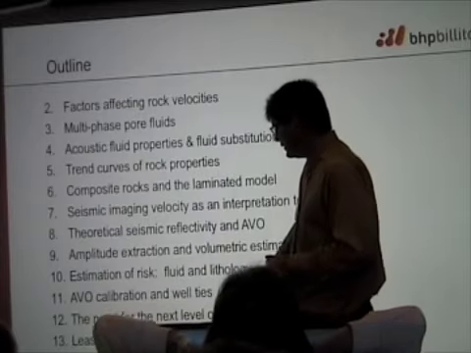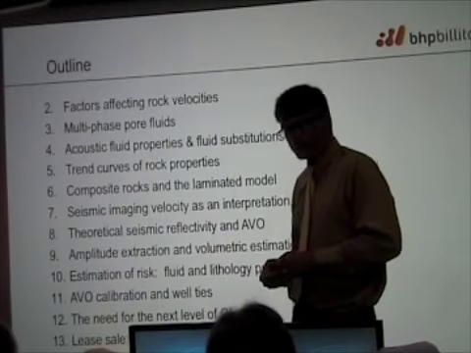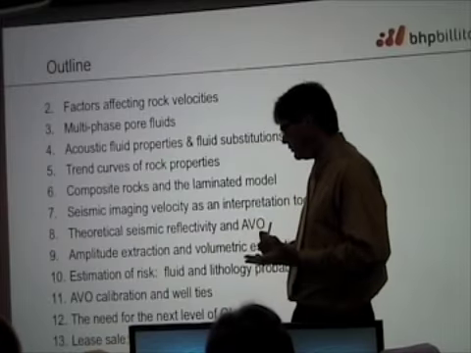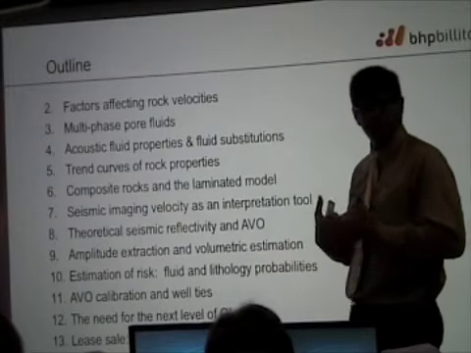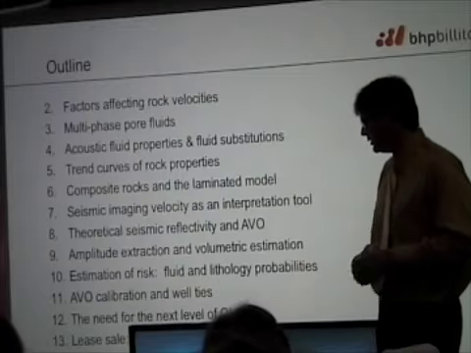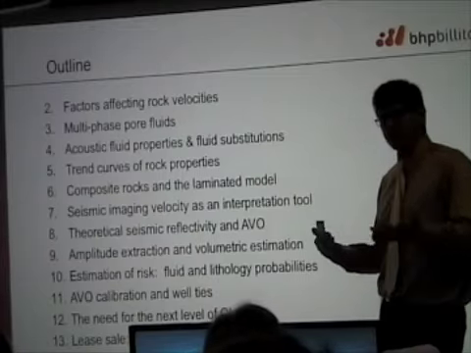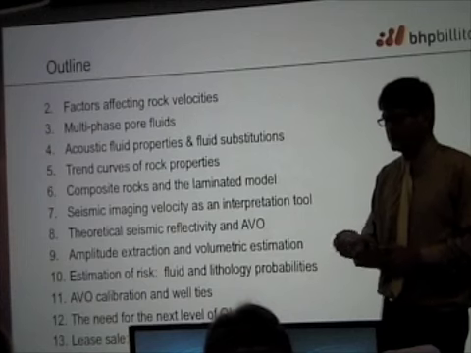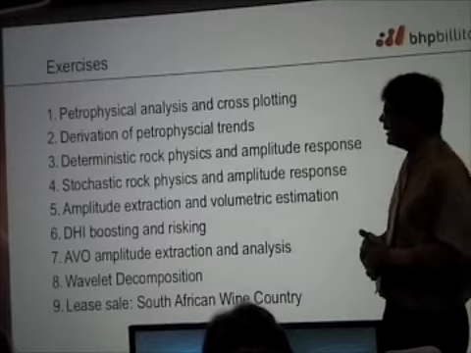And then finally, the need for the next level of quantitative interpretation down here, where we talk about phase 2, the model-based inversion, where we relax some of the constraints. And then finally, we go into lease sale, which is a South African wine country, because all the prospects were named after wines, is the reason why.